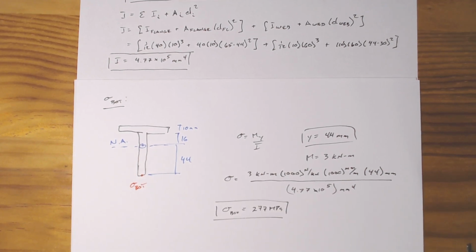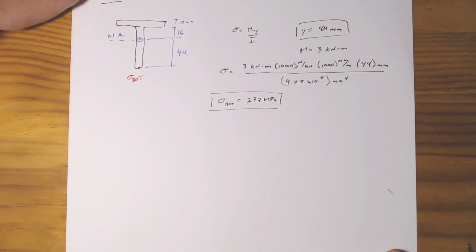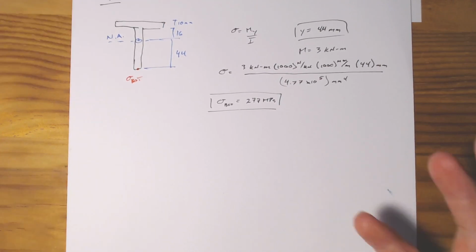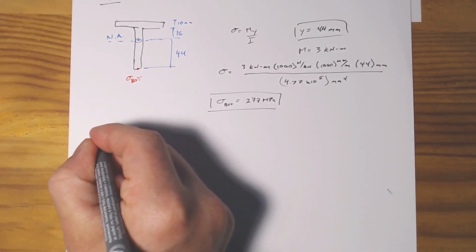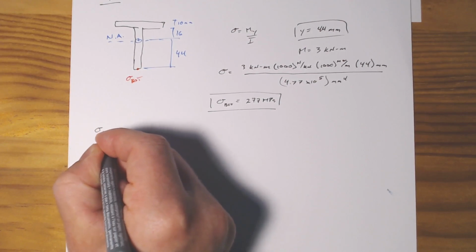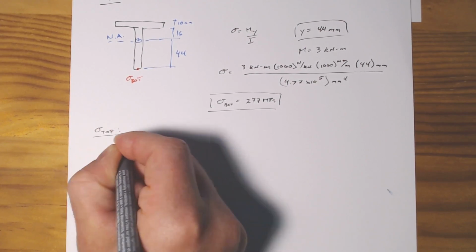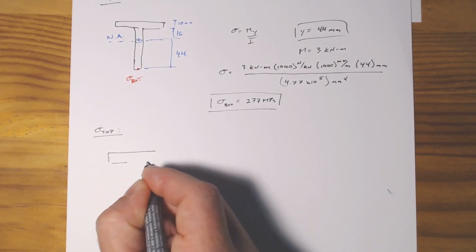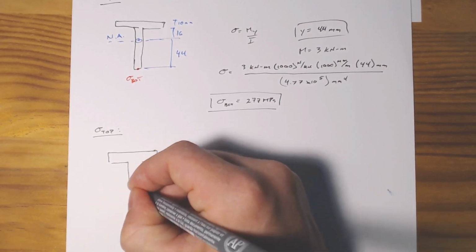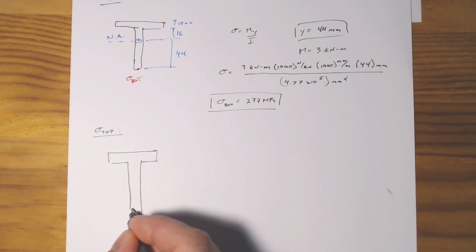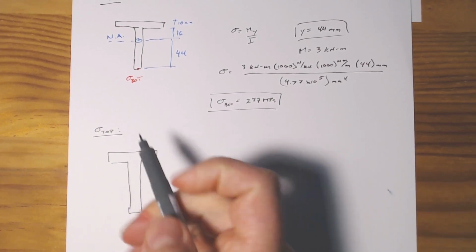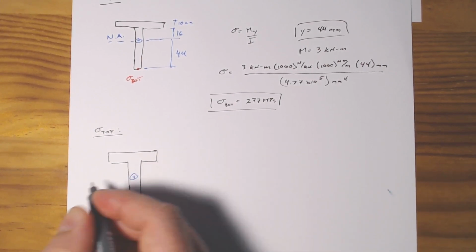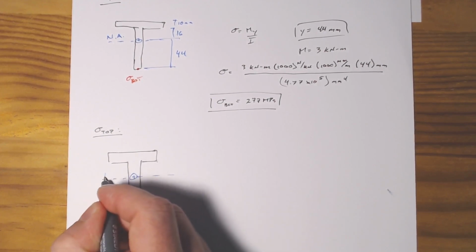All right. Now let's go ahead and work through what our stress is at the top of the section. So again, we'll just draw our cross section here, and we'll put some cross-sectional properties on here.